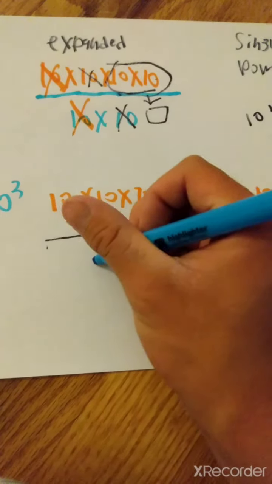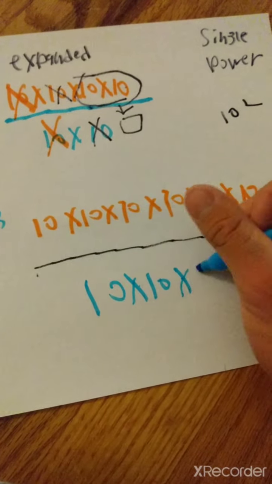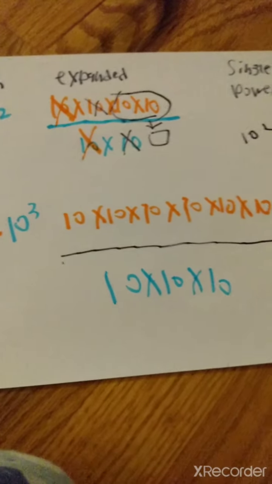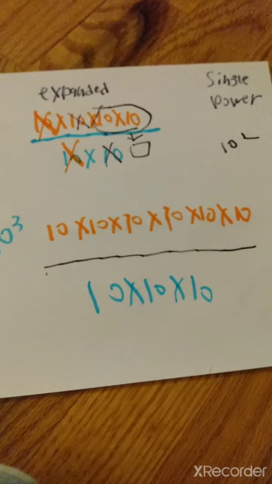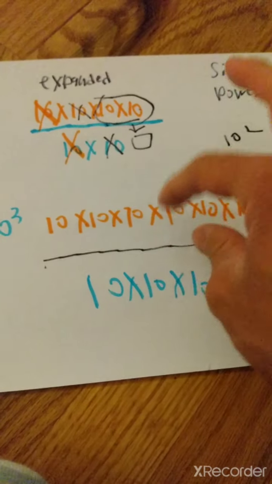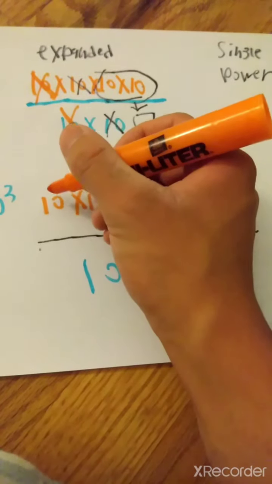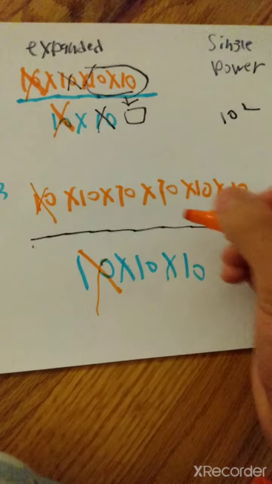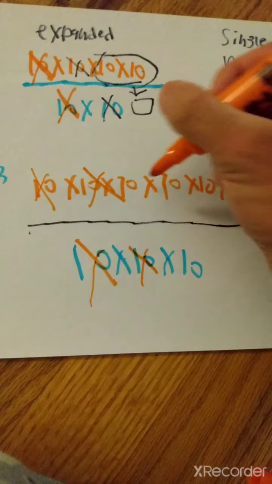So we have 10 multiplied by 10, multiplied by 10, so 10 multiplied by itself 3 times. Our last step is canceling some 10s out, so some can become friends with another and leave the equation. We can cancel this out and cancel that out, because they're the same number. Same with this one and this one.